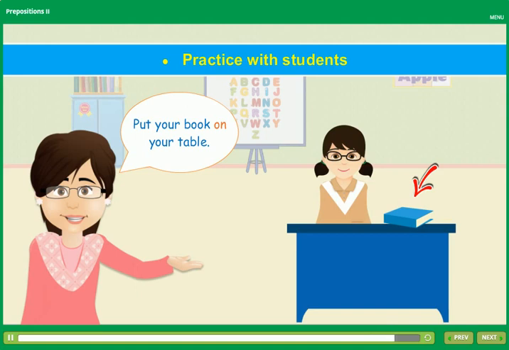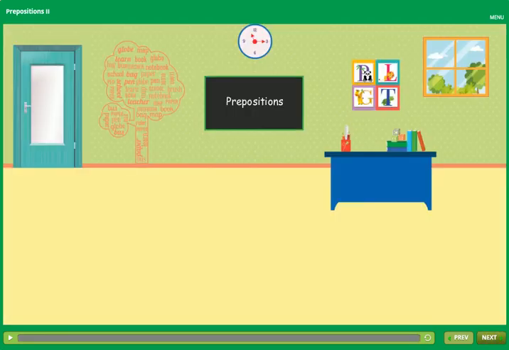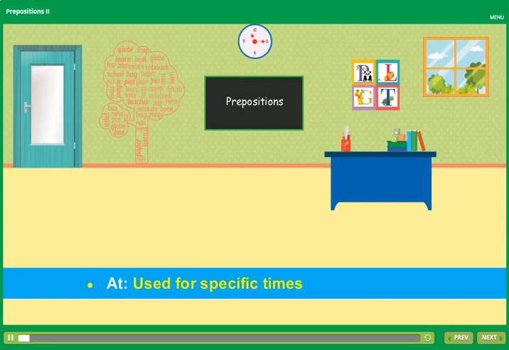Do at least 2 demonstrations of each preposition. Make sure all your students are doing the correct actions. Tell your students that you use at for specific positions and specific times.